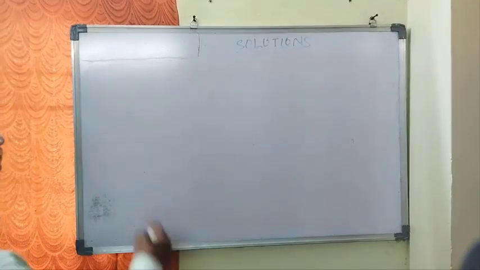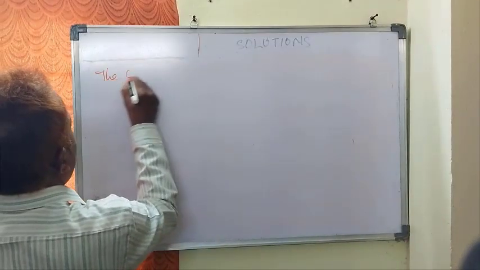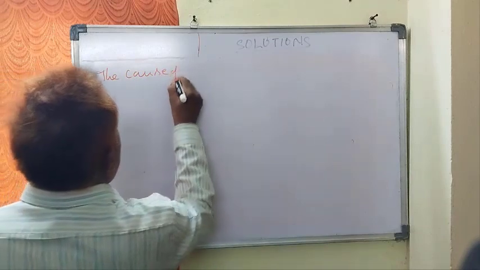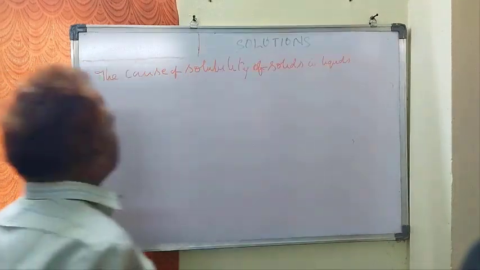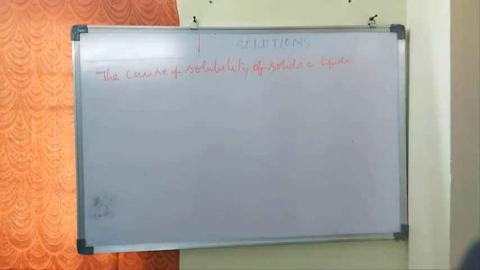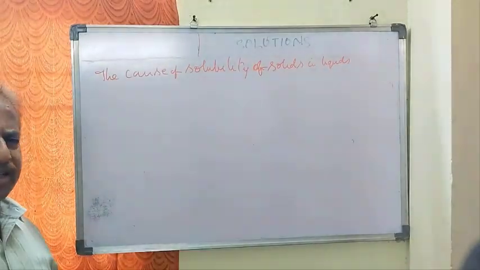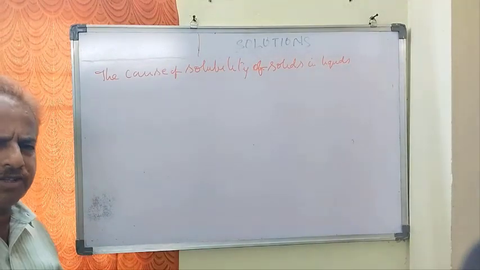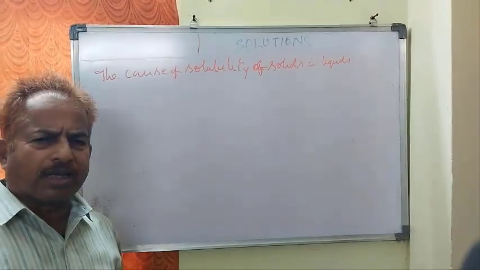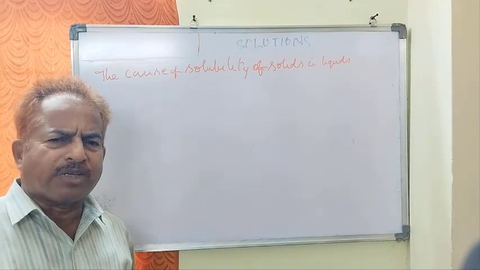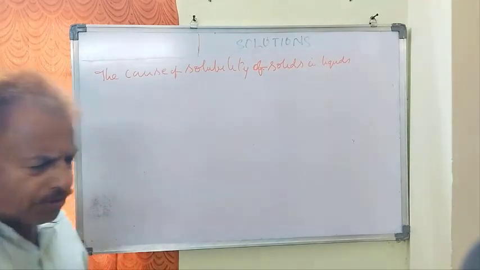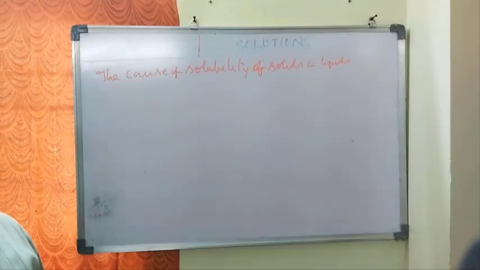Now let us see the cause of solubility of solids in liquids. Just now we discussed that there are solute interactions and solvent interactions, and if these AA and BB interactions break and new interactions, that is AB interactions, develop, then solubility takes place.